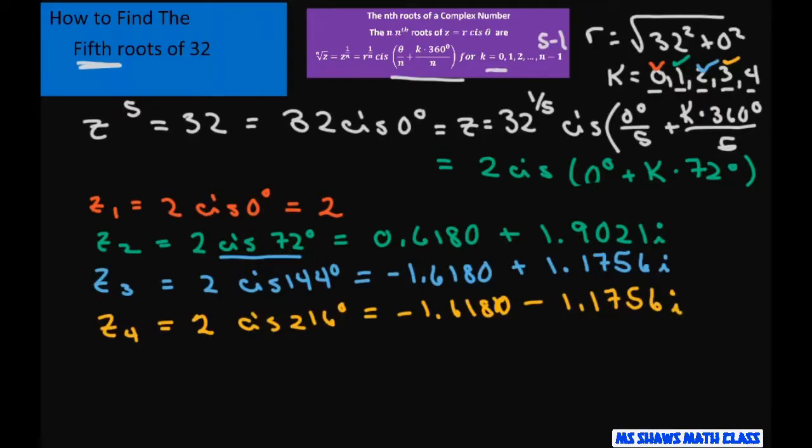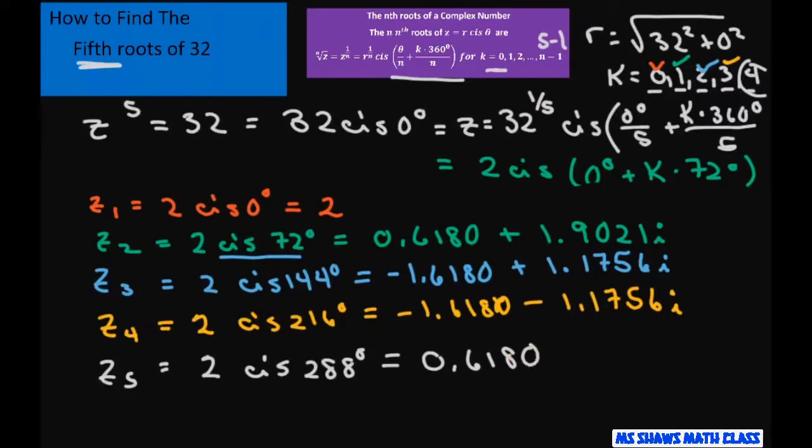And for your final one, we have z5, which is when k is 4. This is going to be 2 cis of 288 degrees, which equals 0.6180, and then minus 1.9021i. And there's your 5 solutions.